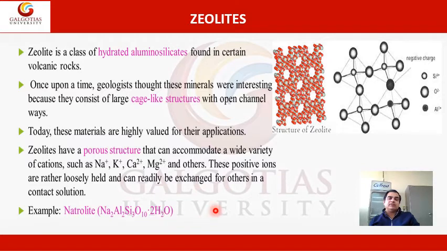The general formula for zeolite is Na2O.Al2O3.xSiO2.yH2O, where x is equal to 2 to 10 while y is equal to 2 to 6. On putting these values, we can get different examples of zeolites that can be utilized for various applications.